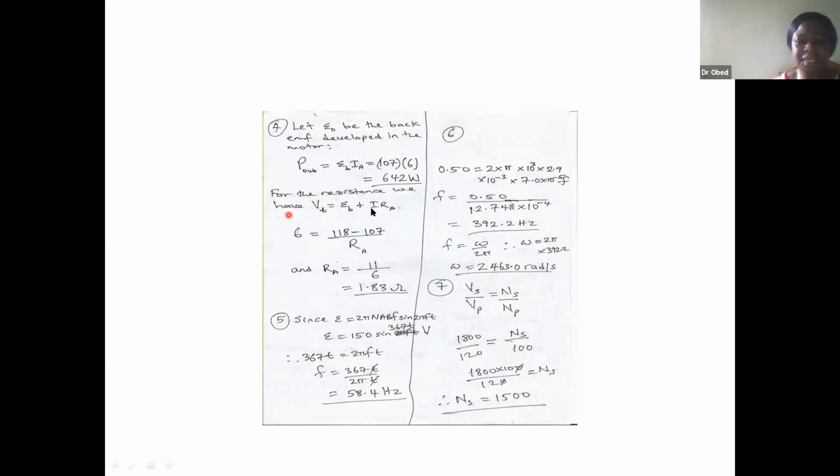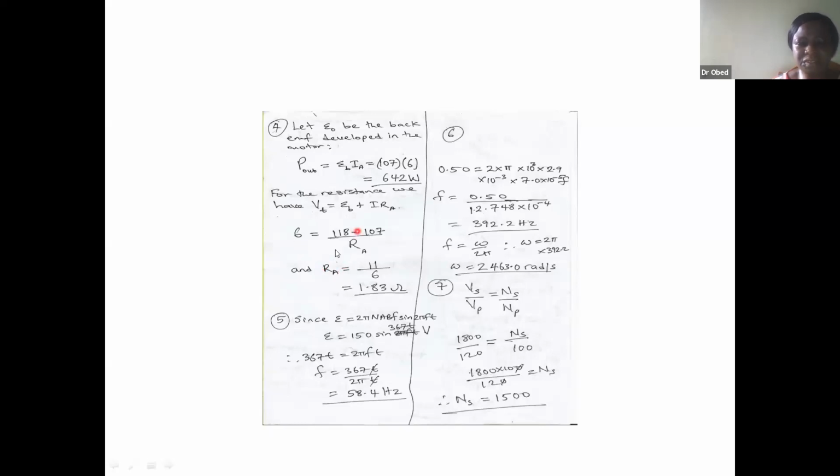So for the resistance, we are using this formula. This is the current. If you make I R_A the subject of the formula, it is the line voltage minus the back EMF, over R_A, the armature resistance times current. So make R_A the subject of the formula.